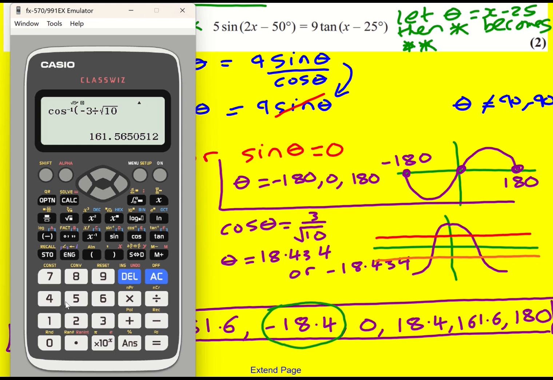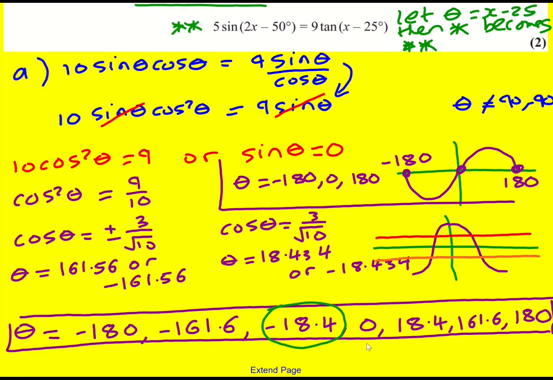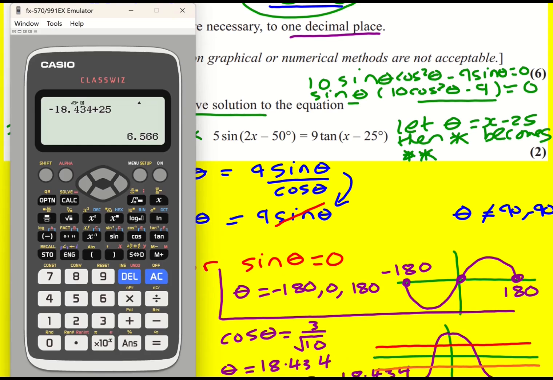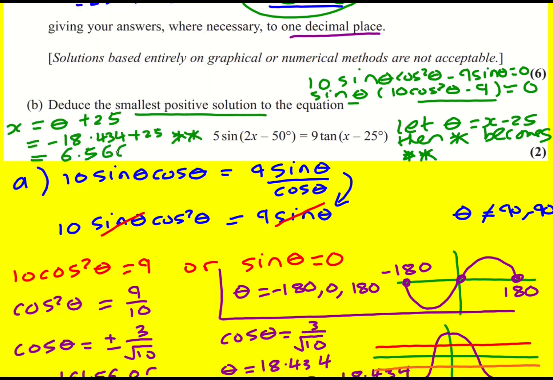I feel like technically I should use the exact answer. So I'm going to take minus 18.434 plus 25, and this is why I always write them down, just in case we need to use them. That's going to give me my answer, 6.566.